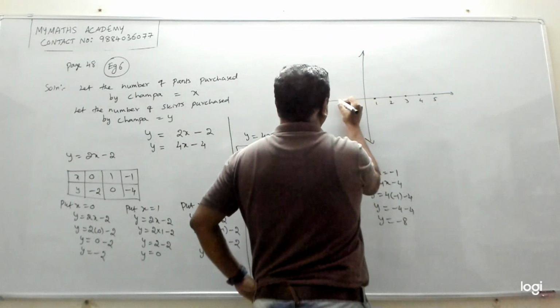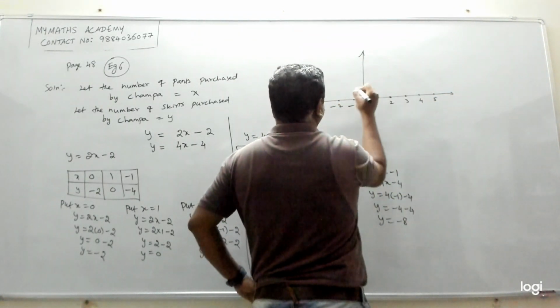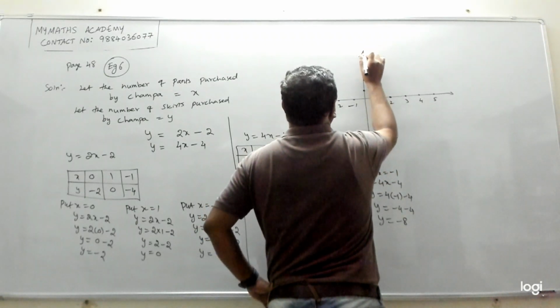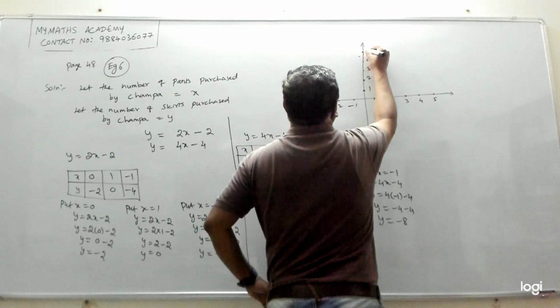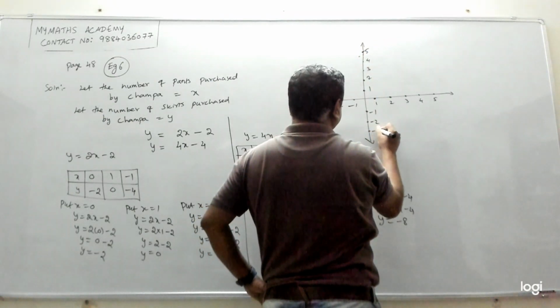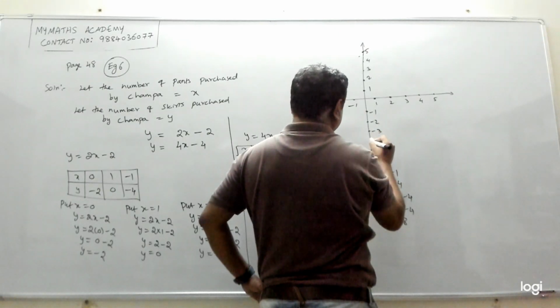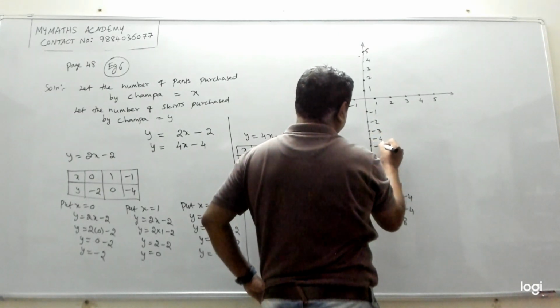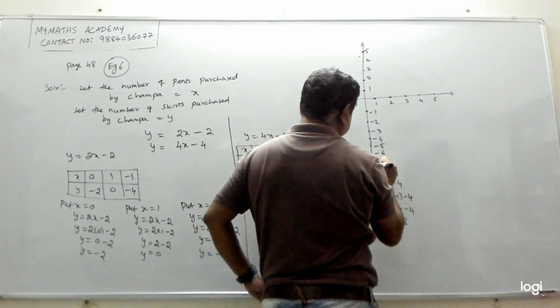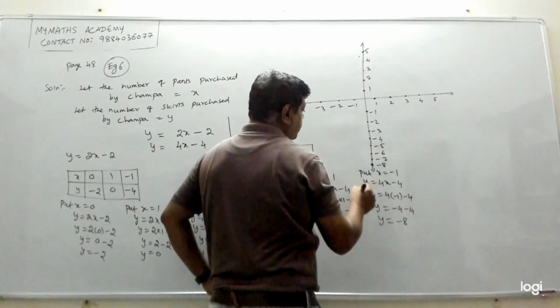This is minus 1, minus 2, minus 3. Here I'll take 1, 2, 3, 4 and 5. But here I should go till minus 8, minus 3, minus 4, minus 5, minus 6, minus 7. Suppose this is minus 8.